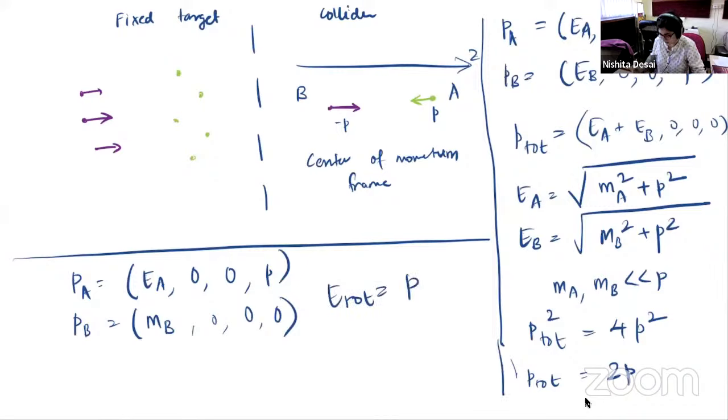So being in the center of momentum frame means that you have the maximum possible energy to create new particles. That's another reason why we do collider experiments rather than fixed target experiments.